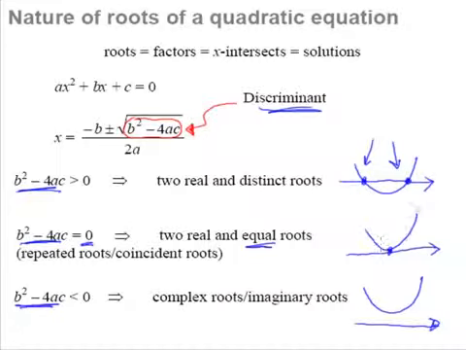It can also have one real root, one intersection, but this is actually two real roots, which we call equal roots. Likewise, you can choose not to intersect the x-axis at all, and therefore there are no real roots, no x-intercept. So this is, in summary, what the nature of roots of a quadratic equation is all about.